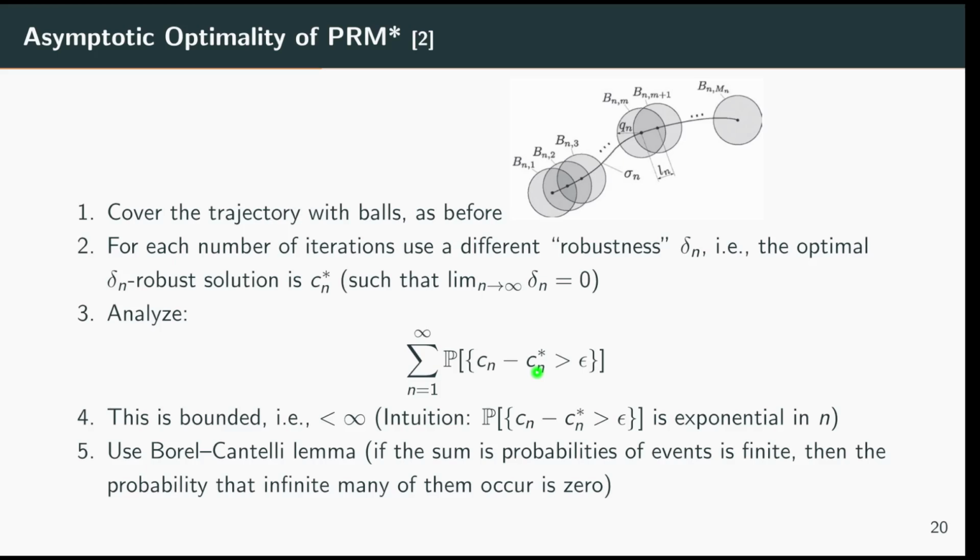And then in turn we can show that at least some of them will be 0, which is exactly what we wanted to show. Okay, but I don't really want to go into details, just because it's maybe not so relevant, but you can read it up in this reference too if you want to know the details.